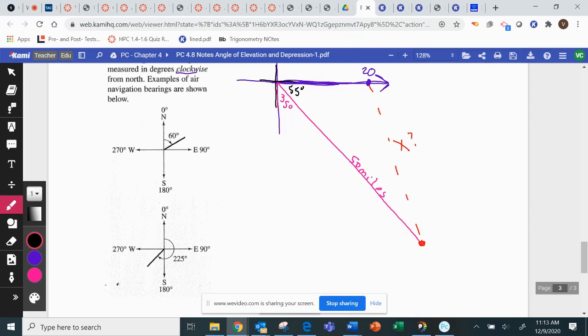Okay, so I'm gonna go other places now. I might extend this line down all the way to here, just so that I have a 90-degree angle. And if I make a 90-degree angle there, I know that this angle should be 55 degrees. Because in geometry, you have a corollary to the triangle sum theorem that says if you have a right triangle, the two acute angles also equal 90. So I know that one has to be 55 if that one's 35.